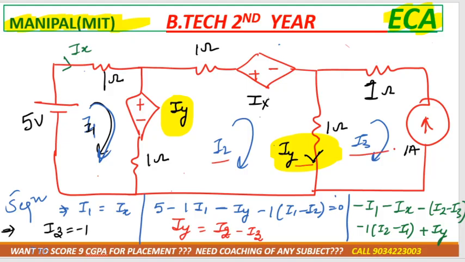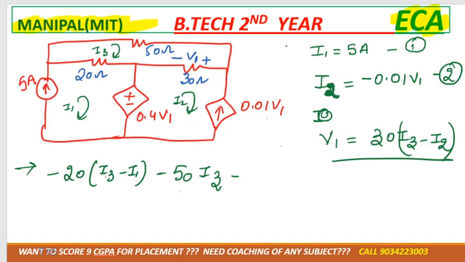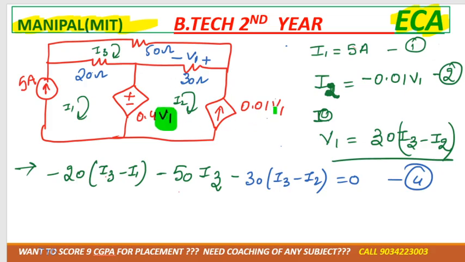For the last mesh you already made the equation, that is I3 is equal to minus 1 ampere. So minus 50 I3, then after that minus 30 I3 minus I2 is equal to 0. So in this we'll have 3 meshes, 2 dependent sources, but we need to make only 4 equations. Why? Because they have taken the same variable, right?